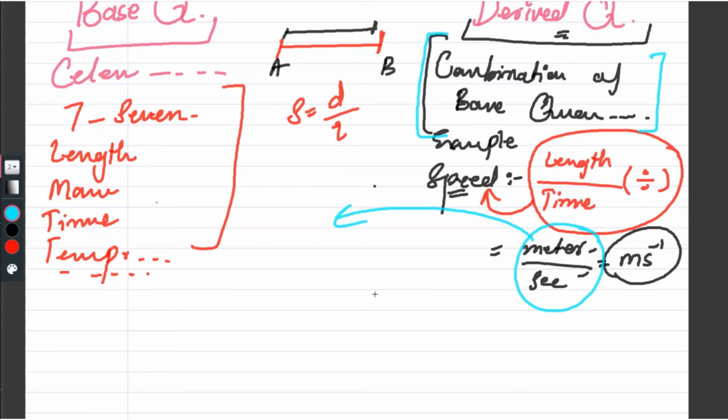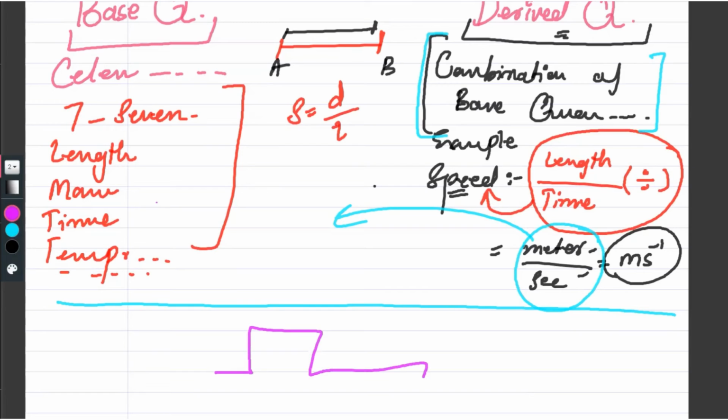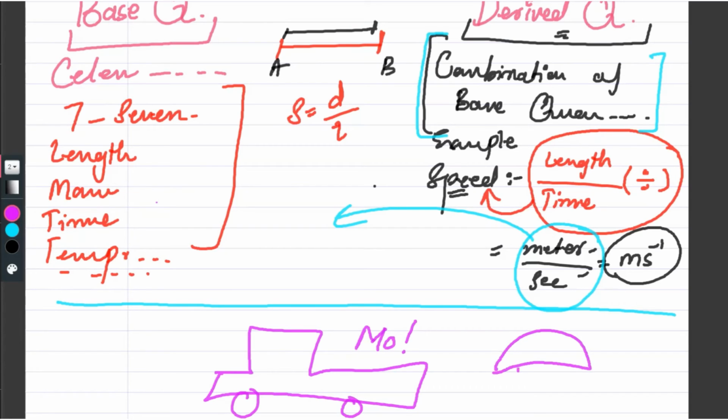Okay, do you think that in order to measure these physical quantities, let's suppose this is a Lamborghini of Mo, my student Mo, and this is a cab of Zoe.